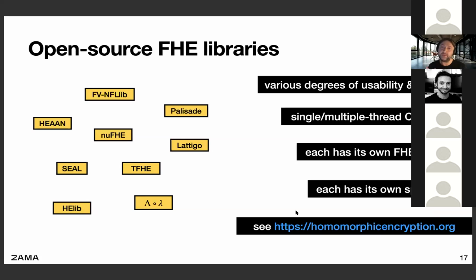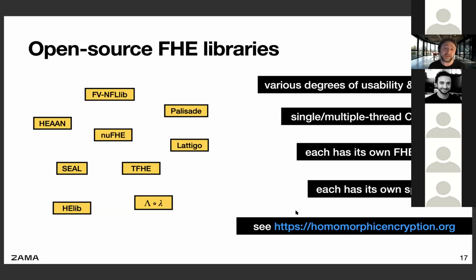But if you look at them and you try to use them, you will see that you have various degrees of usability and readiness. You will not necessarily be able to do something other than just experimental code. At the same time, some of them support single-threaded CPUs or multiple threads or GPUs, and each of these libraries actually has a selection of its own schemes and its own API.